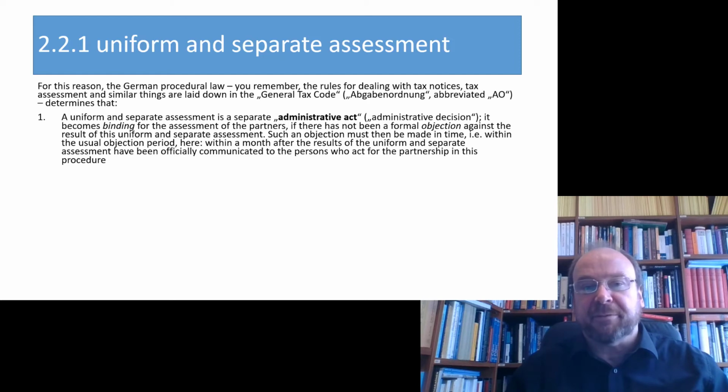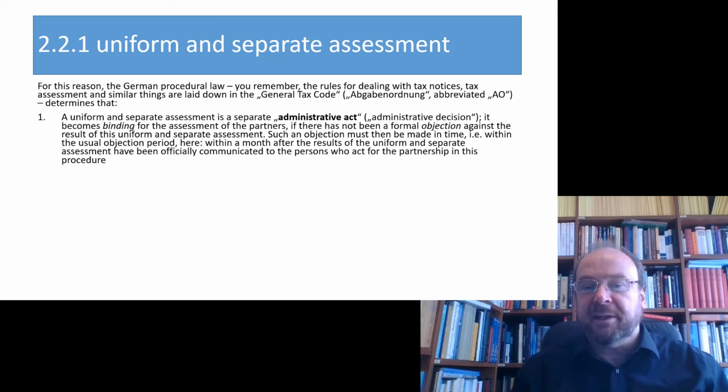If you do not bring forward an objection within a reasonable and strictly determined period of time, usually 1 month, then the whole thing is definitive and the decision is binding for you until it's officially changed. And very often that's not easy. Especially with the tax notice, you can only have it changed under very restricted circumstances. You already heard that too.